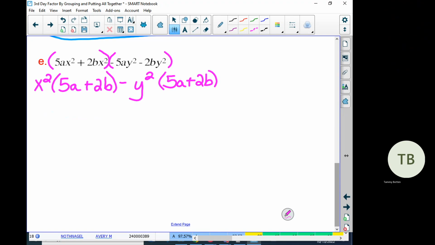And then this is plus 2b. Well, a negative times 2 is negative 2. I have my b and I have my y squared. Okay. Now I have that common factor, which is 5a plus 2b. What's left there is x squared. What's left here is y squared.